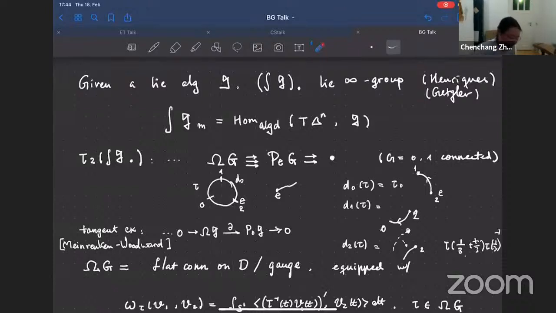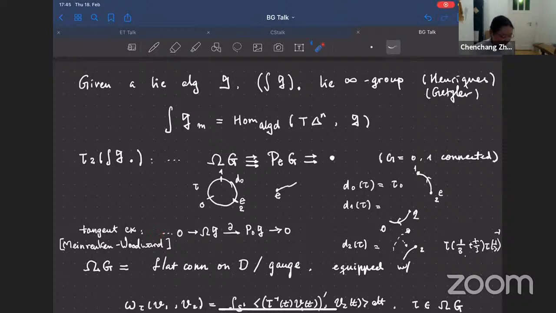Well, and then the tangent complex of this guy is loops in little g based at 0, and paths in little g based at 0, and this partial map over here is simply the inclusion, and afterwards it's all 0.